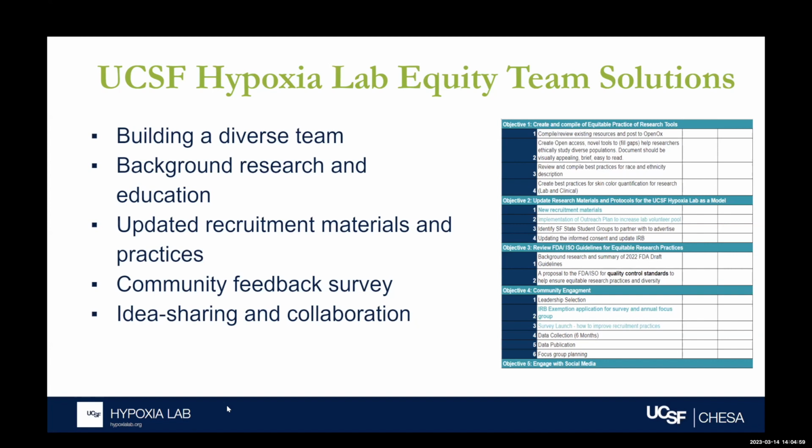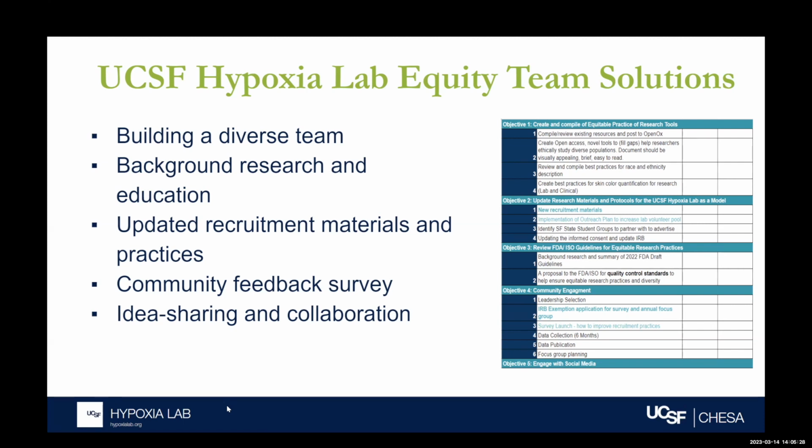Another thing that we're doing, as I mentioned before, is building a diverse team. Our team consists of attendings, medical students, residents, engineers, researchers, organizers, research coordinators, all of which we're very fortunate to have. A lot of members of our team already have a vested interest in solving these issues, and this was achieved through thoughtful recruitment.